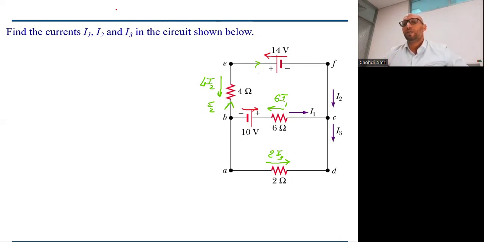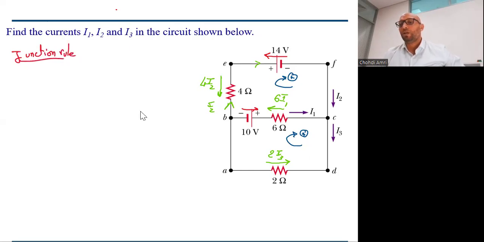Now let's move to the direction. We will assign a positive direction clockwise, for example, for the loops. Here, actually, we have 3 loops. And then we will apply the junction rule. The 3 currents meet at which point?